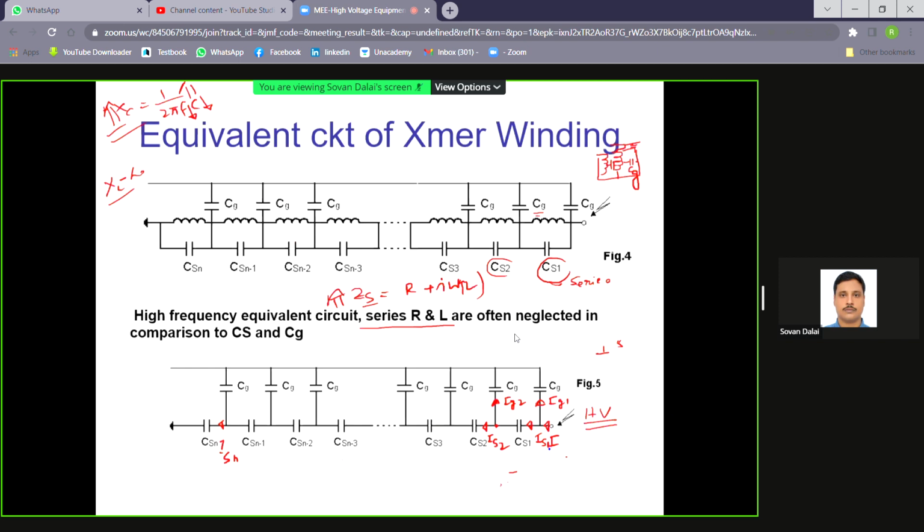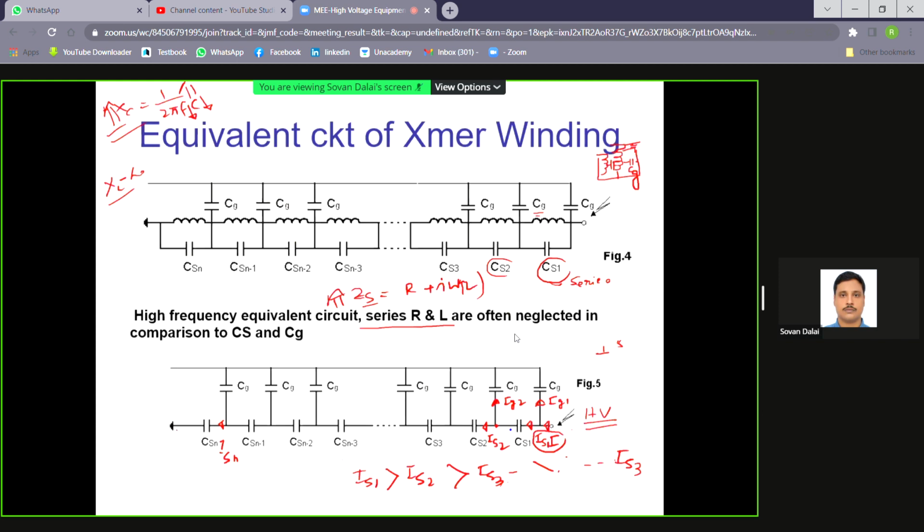Obviously the current IS1 is much higher than IS2, then IS3. In that way the current gradually decreases as you proceed from the high voltage end towards the earth end. So what is the potential distribution?